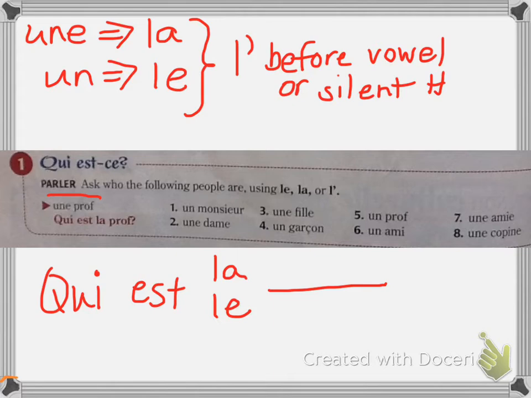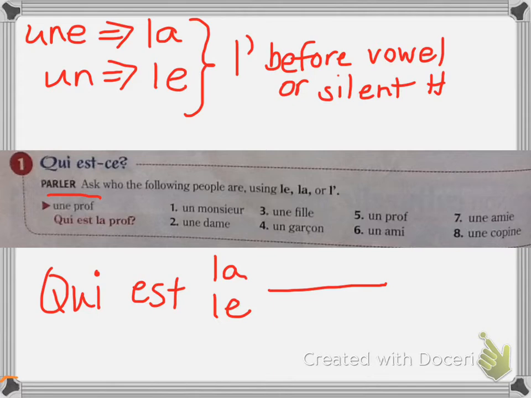So, go ahead and try number 1, un monsieur. Qui est le monsieur? Numéro 2, une dame. Qui est la dame? Numéro 3, une fille. Qui est la fille? Numéro 4, un garçon. Qui est le garçon?